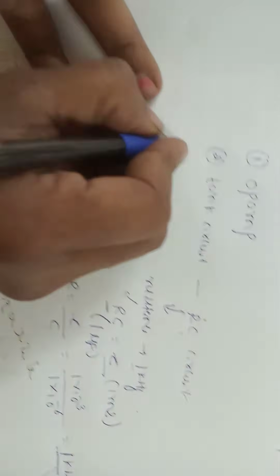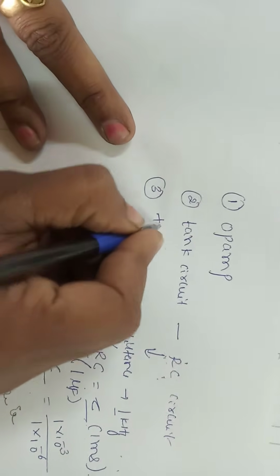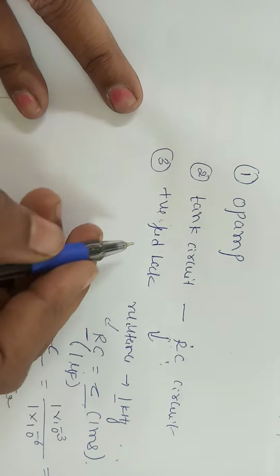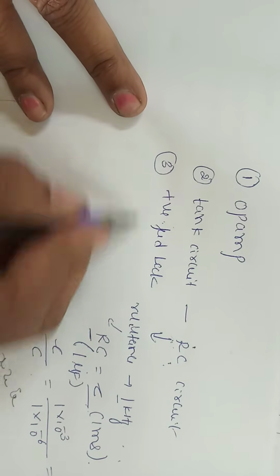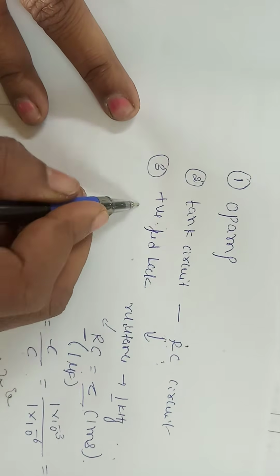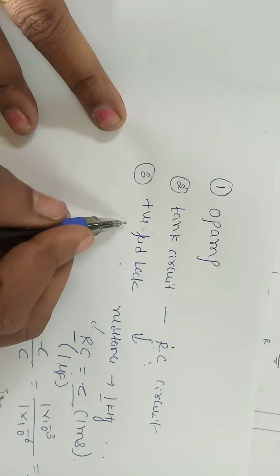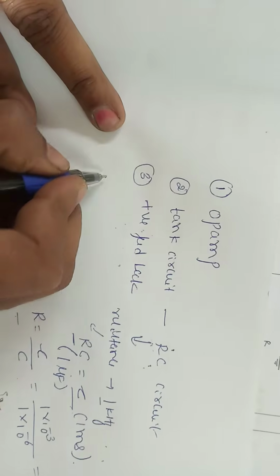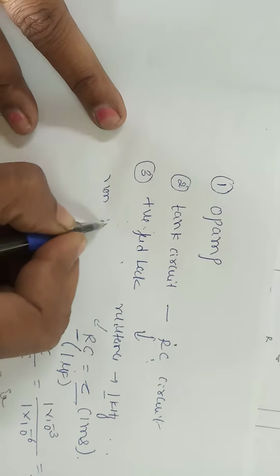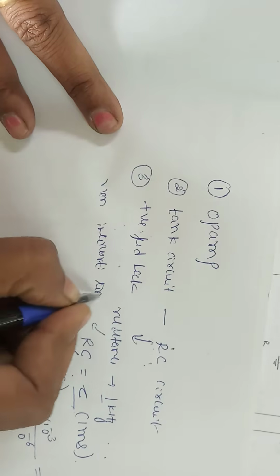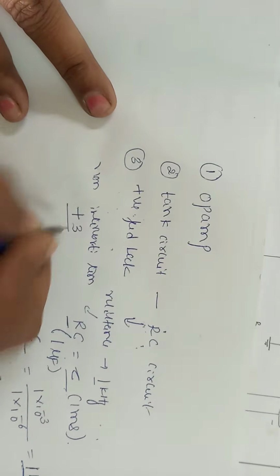Okay, the third part is the positive feedback. Because this is an oscillator there is no input; the input is only from the output of this op-amp. That output will be connected as positive feedback to the non-inverting terminal, which is pin 3.